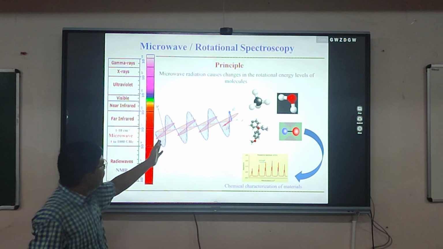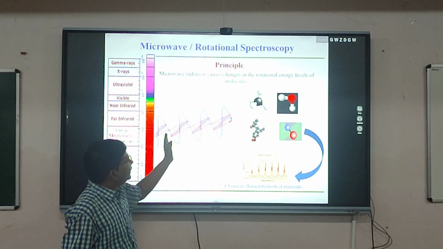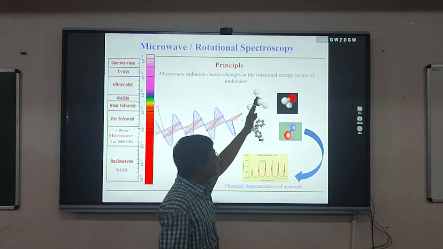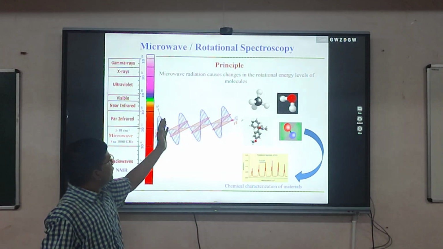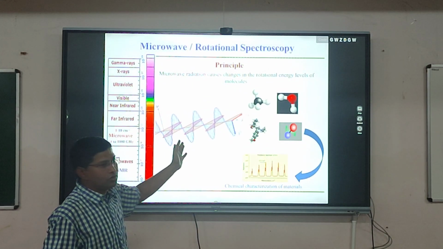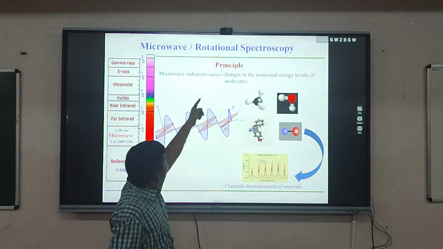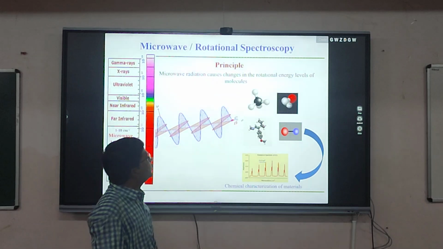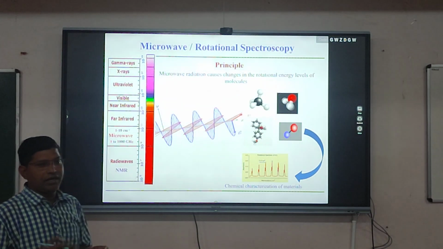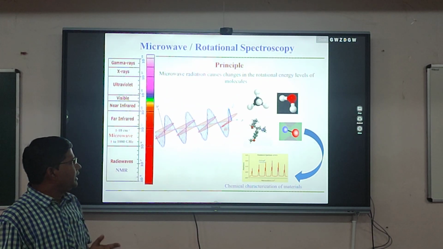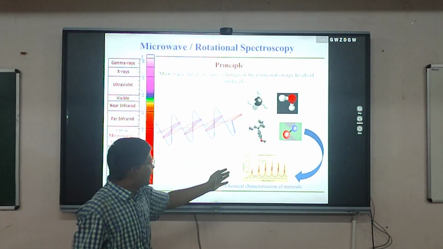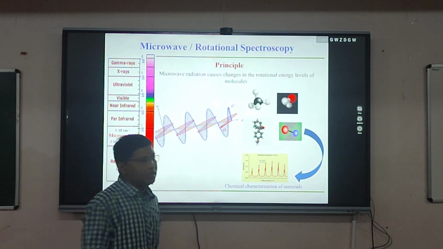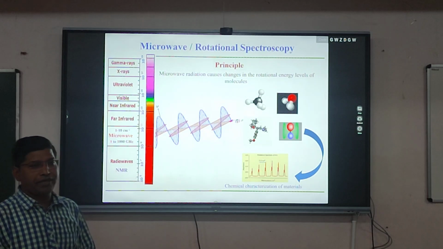This radiation interacts with the molecules which are rotating. After the interaction, there is a change in the rotational energy level of the molecules, and that change is the reason for obtaining this type of spectrum.